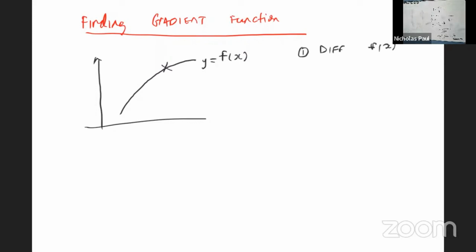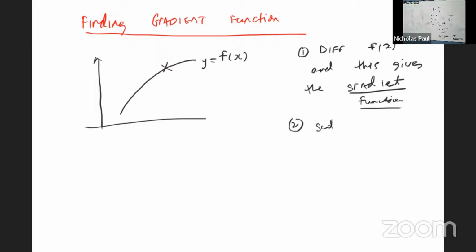And this gives the gradient function. The second thing you're going to do is substitute. Right here there is an x value.